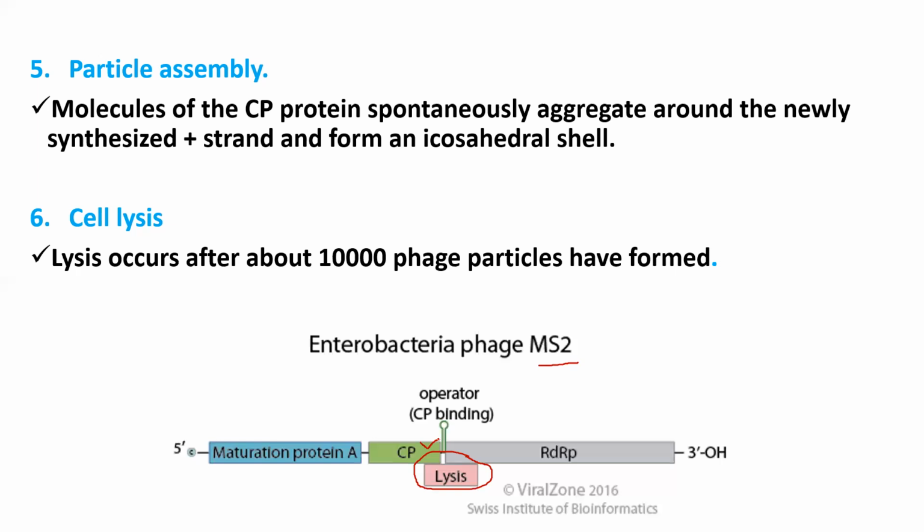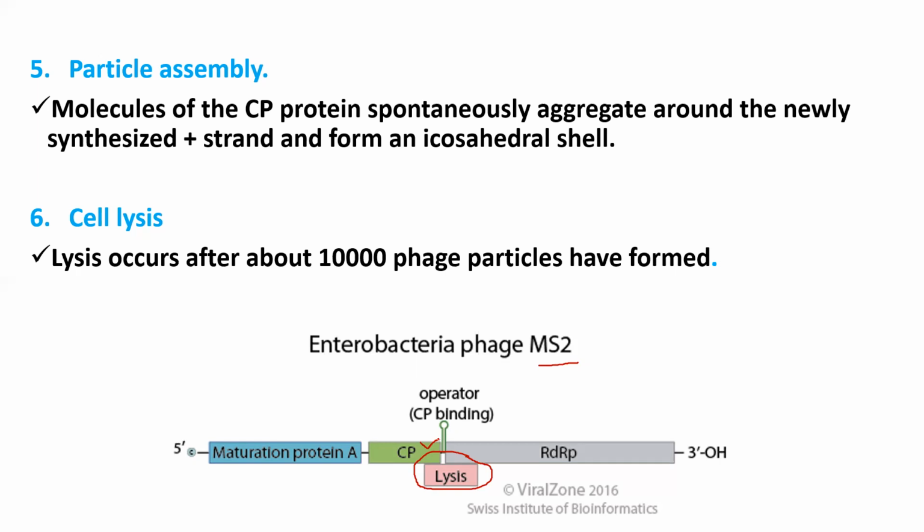This low level of translation prevents premature lysis of the cell because the phage would not like to kill E. coli when only 100 phages or 200 phages are made. Then the phage would have been called an unsuccessful phage. The phage would wait till 10,000 phages have been made. This is the reason that the lysis gene is not easily translated.